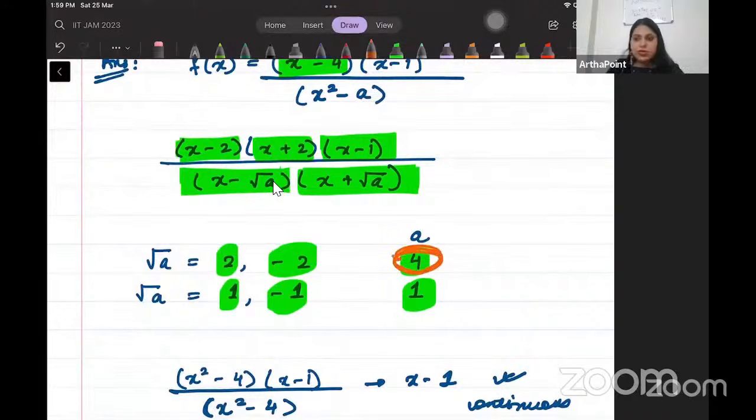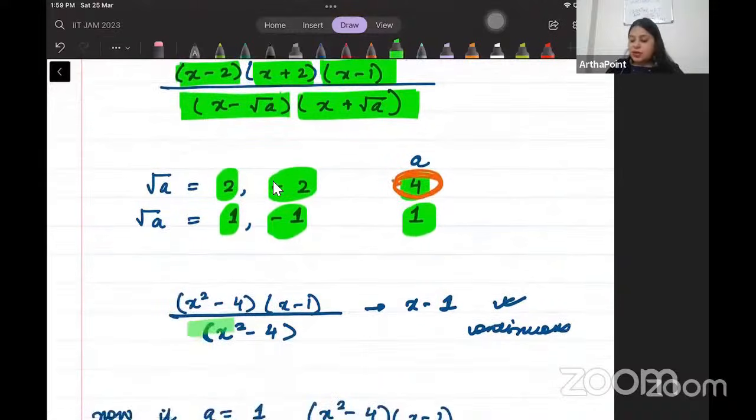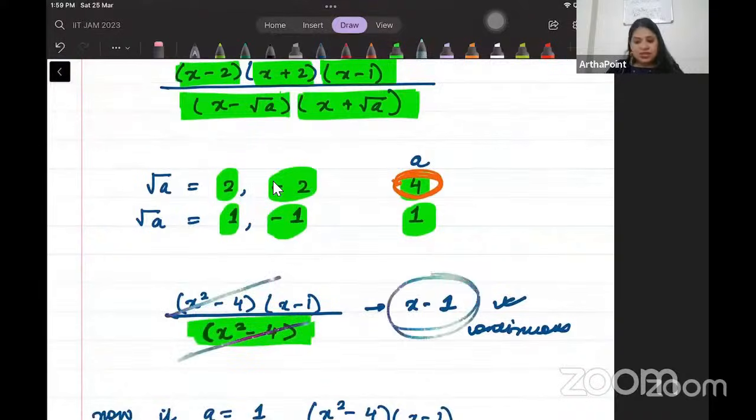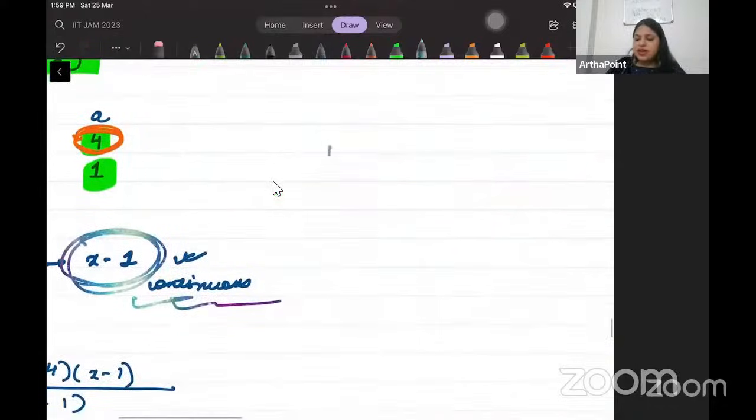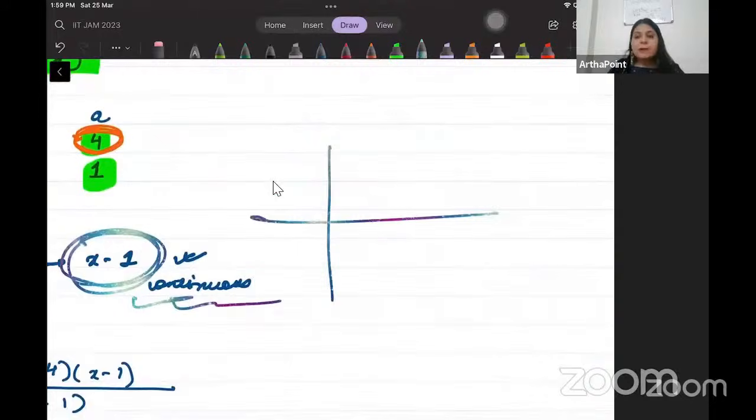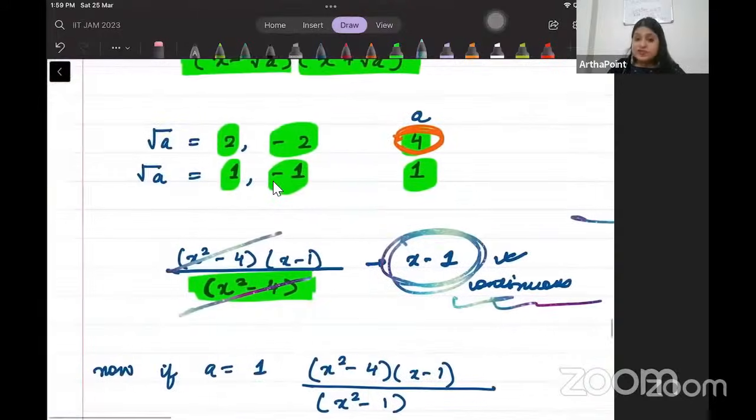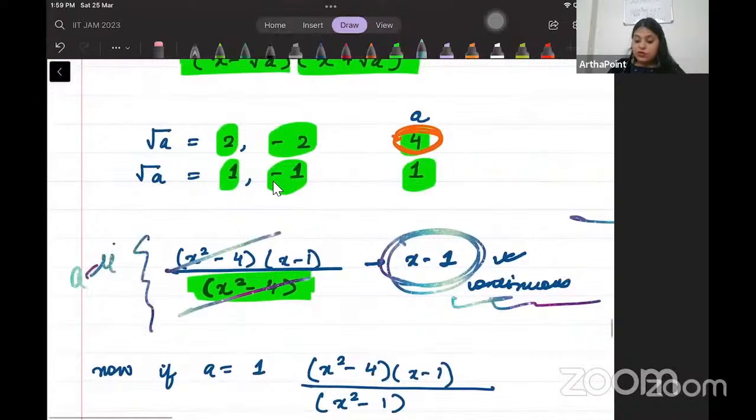Well, very simple. In the denominator, it will become x squared minus 4. This will simply cancel out. I will get the function x minus 1. And this is continuous everywhere. x minus 1 is simply a line, which is continuous, right? So when I talk about this function with a equal to 4, it becomes a continuous function.